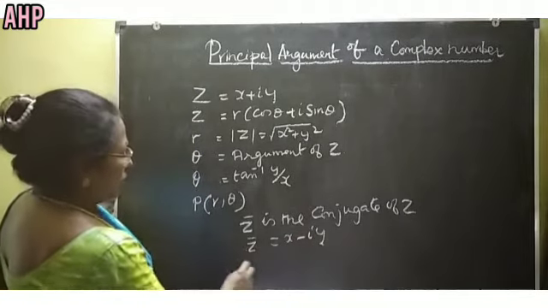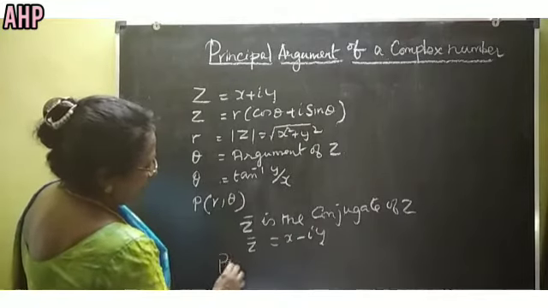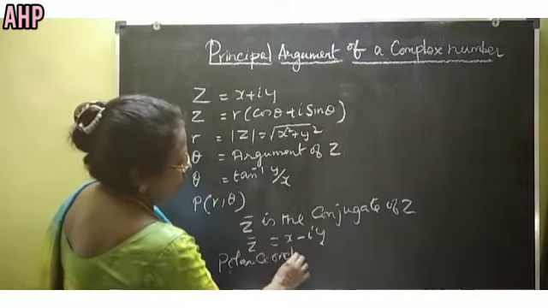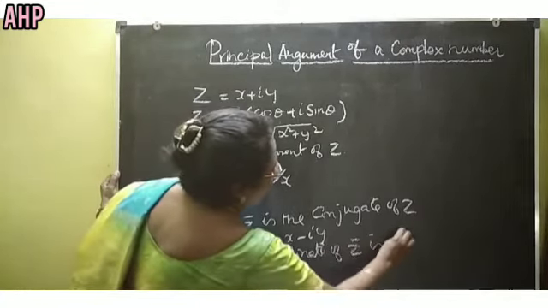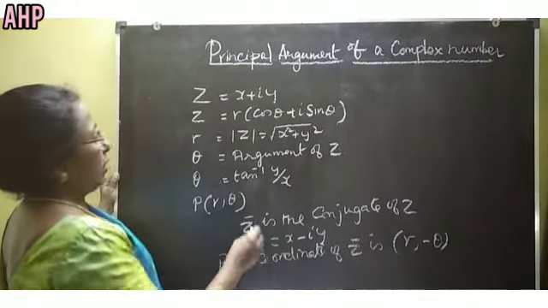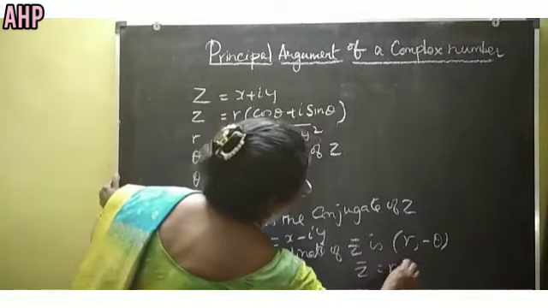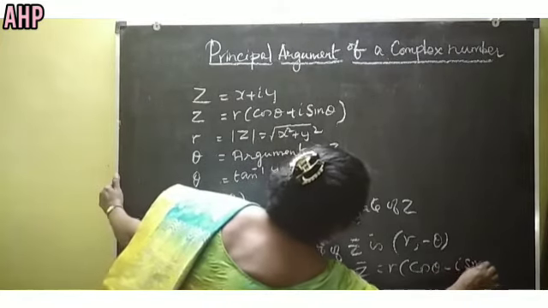In polar coordinates, z bar is r comma minus theta. So we will be writing z bar is equal to r cos theta minus i sin theta.